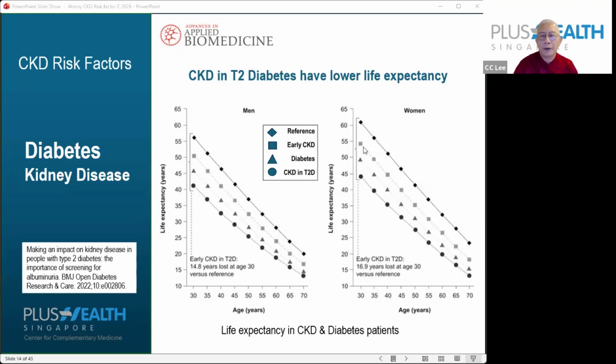Whereas if you have CKD and type 2 diabetes, your life expectancy differs by at least 10 years. That means you have a 10 years shorter life expectancy as you get older.